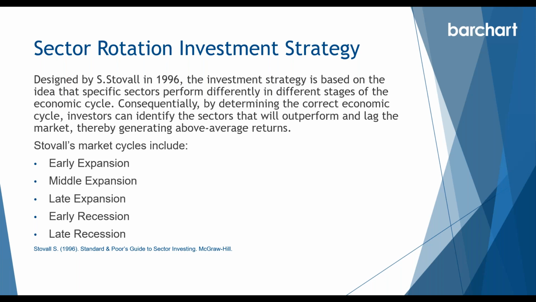This is a simple concept, but it has really been the roadmap for investing for over, let's say, the last quarter century, probably even longer. Stovall also identified five market cycles: early expansion, mid expansion, late expansion, early recession, and late recession.